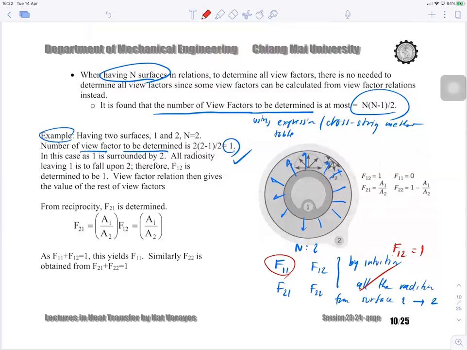For example, you know that F11 plus F12 is going to be equal to 1. Oh, I'm sorry, F12 equal to 1. So when F12 equals 1, F11 is going to be 0.